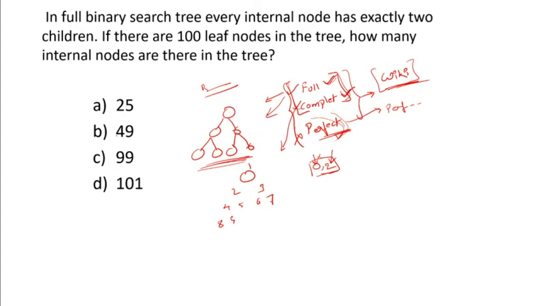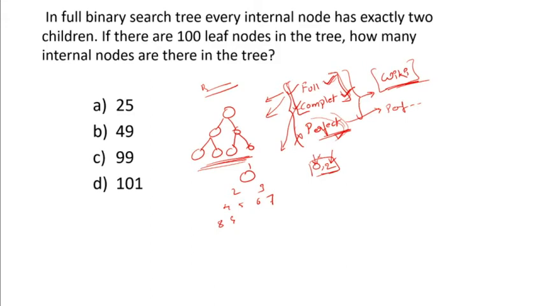Okay, now can somebody tell me the answer for this one? I've already got a good number of answers. 49, 25. Oh my god. Why? So, okay, take the full binary search tree, right?